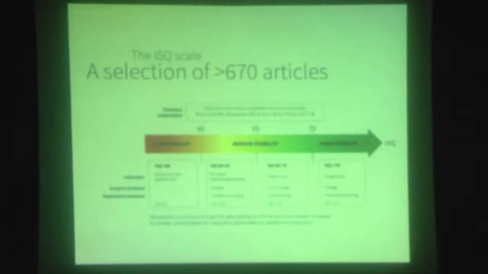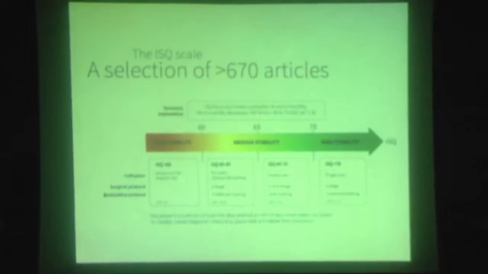ISQ has a nonlinear correlation to micromobility. Micromobility decreases by more than 50% from 60 to 70 ISQ. And this is the technical explanation.